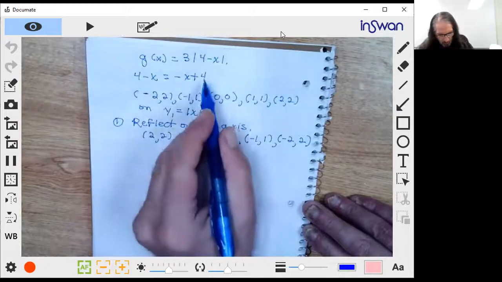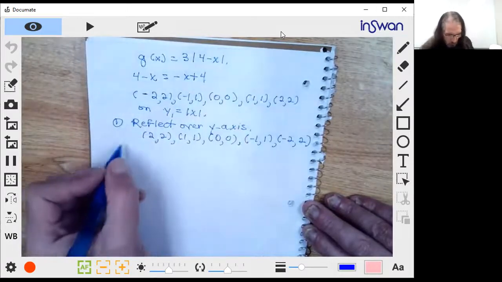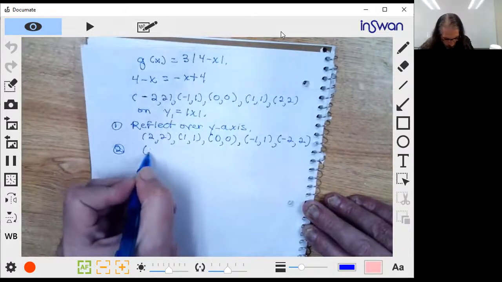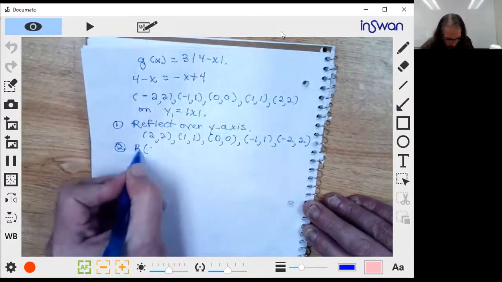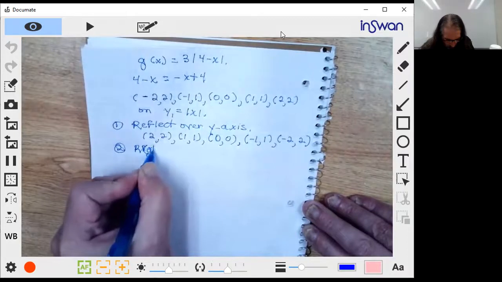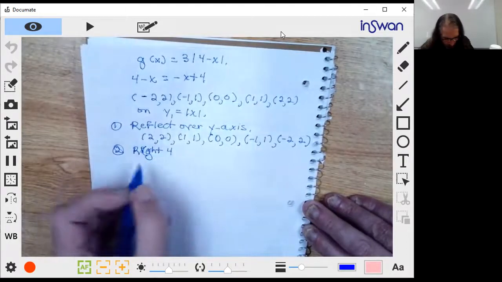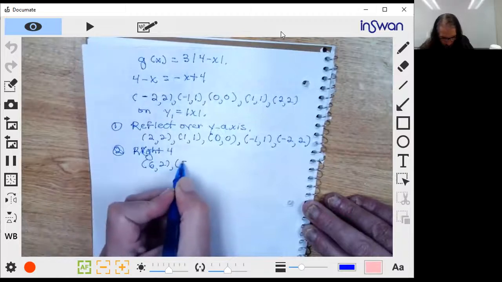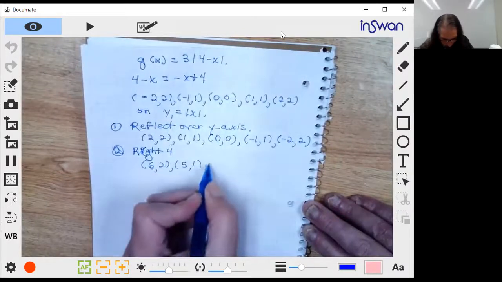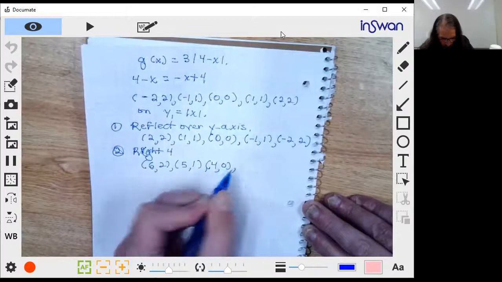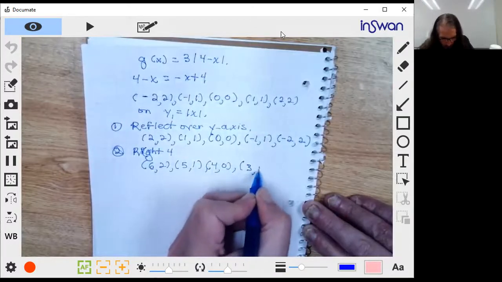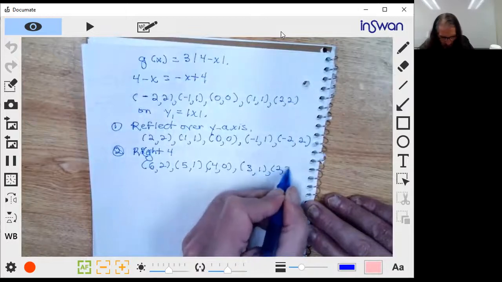But then add 4 to all of those. We're shifting right 4: 6, 2, 5, 1, 4, 0, 3, 1, and 2, 2.